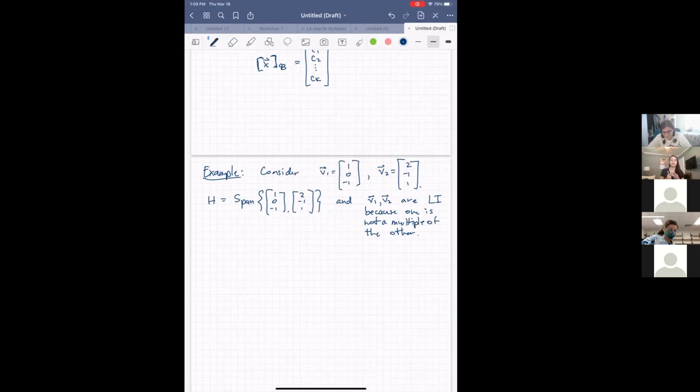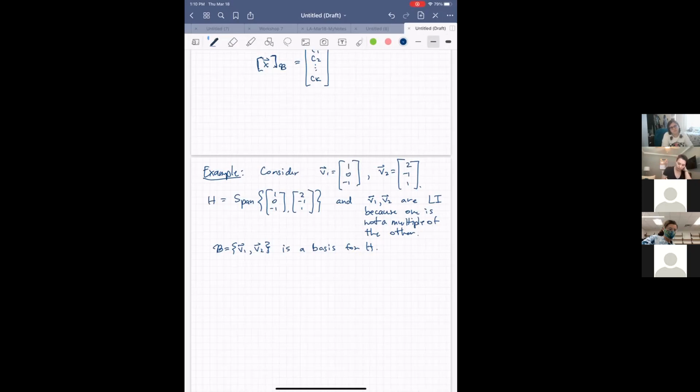Okay, so we have these two things, meaning that if we take B to be the collection of these two vectors, V1 and V2, this is a basis for H, right? Okay.